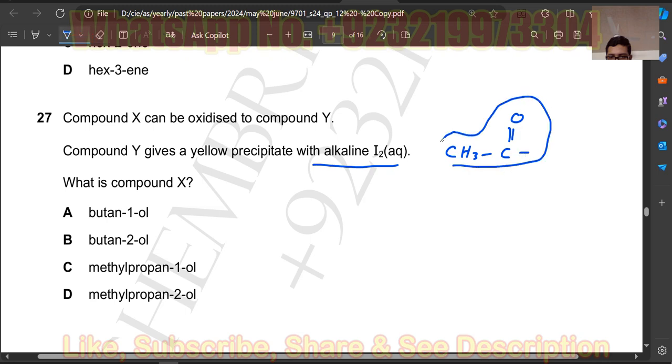This should be the part present in the molecule, and this has been obtained from the alcohol by oxidation, when there was a group over here. This was converted into this by oxidation. So both these groups can give you the positive iodine test or positive yellow precipitate test. But we also need to check the first statement, that it should be oxidized to compound Y, and that would give you the positive test. So I'm going to show you the working.